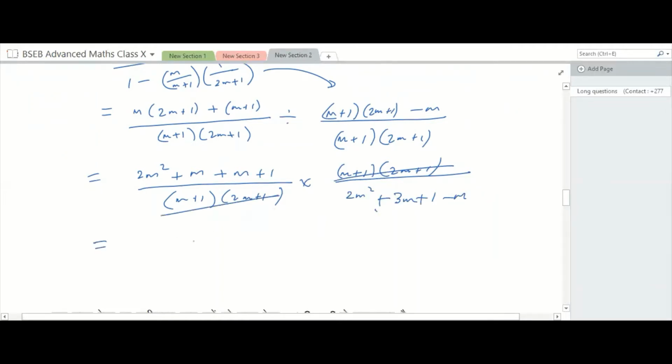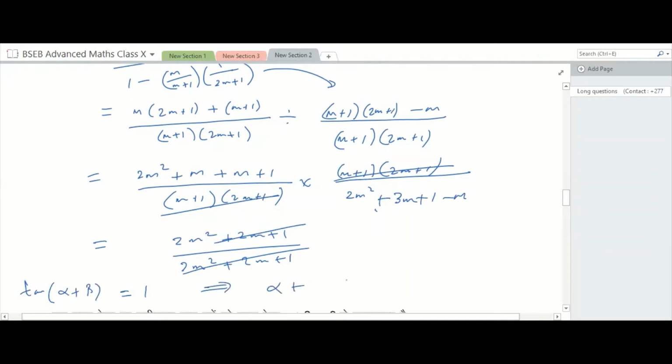We are left with 2m squared plus 2m plus 1 over 2m squared plus 2m plus 1. That cancels out. The answer is equal to 1. But what is equal to 1? Tan alpha plus beta. This implies alpha plus beta is equal to 45 degrees, which implies alpha plus beta is equal to pi by 4.